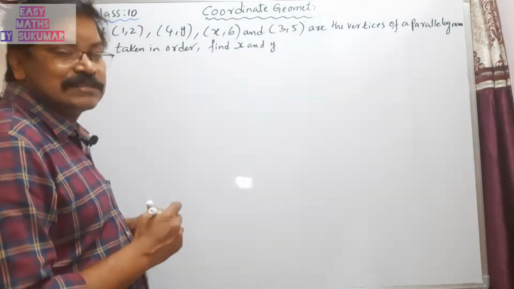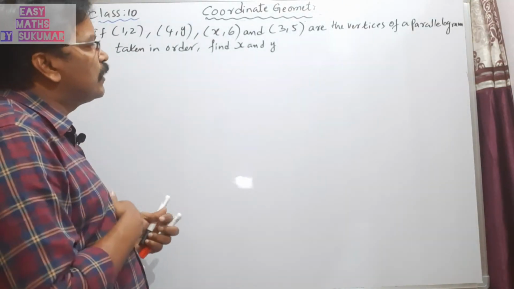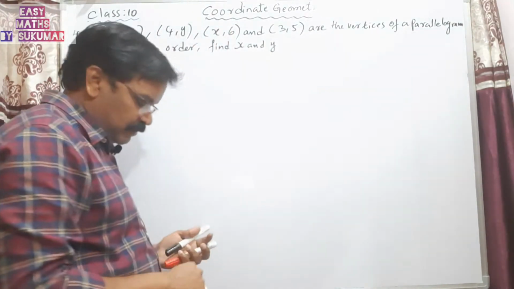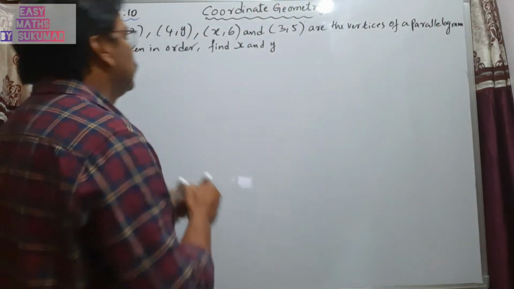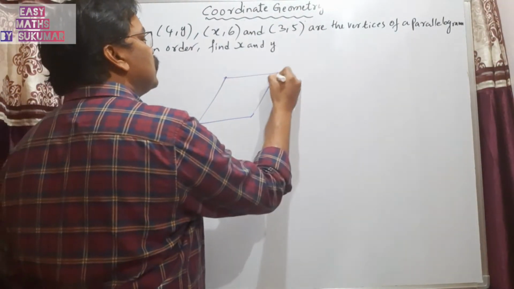Fourth question now in exercise 7.2. If 1 comma 2, 4 comma y, x comma 6 and 3 comma 5 are the vertices of a parallelogram, here this ABCD is a parallelogram.